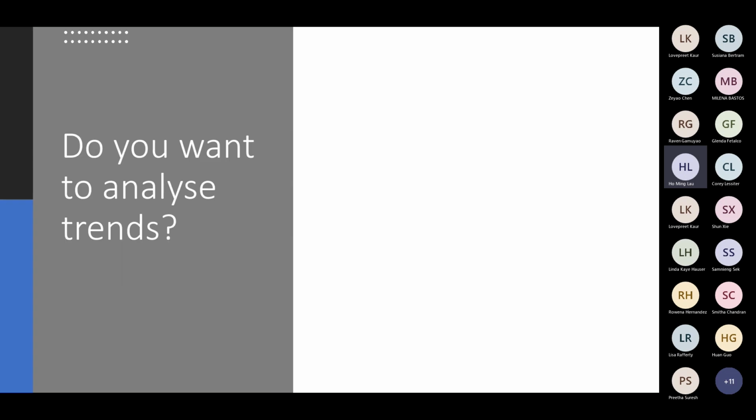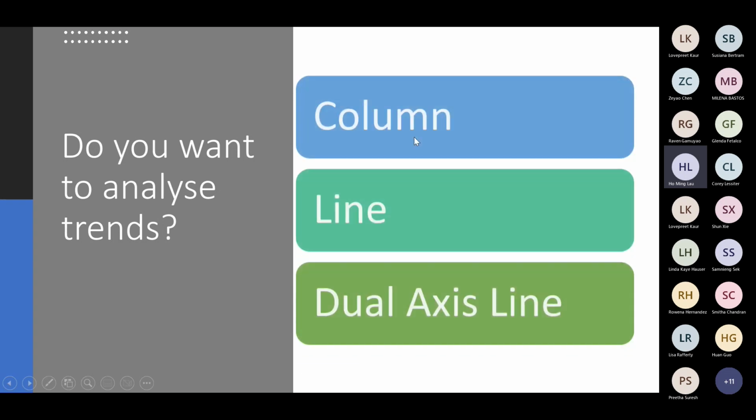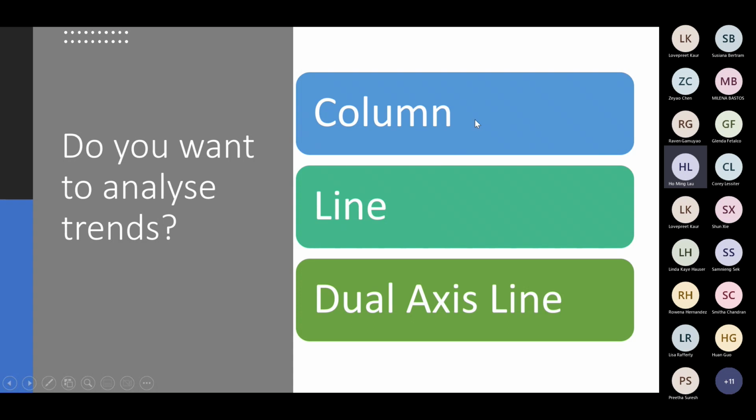And do you want to analyze trends? If that is the purpose of the visualization, then you use either a column chart or a line chart, or a dual axis line if there are two measures. Mostly I would prefer a line chart.